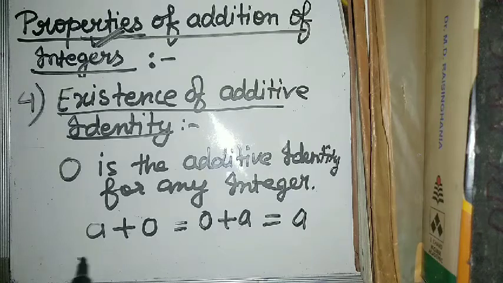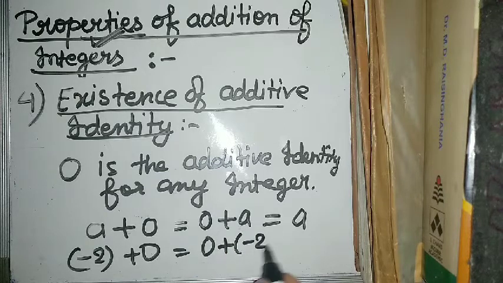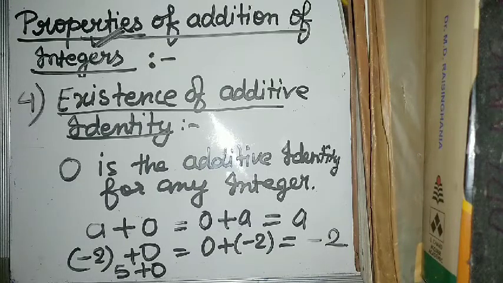That means suppose we have -2 plus 0, or 0 plus -2, in both cases we have -2. One more example, 5 plus 0 is equal to 0 plus 5.